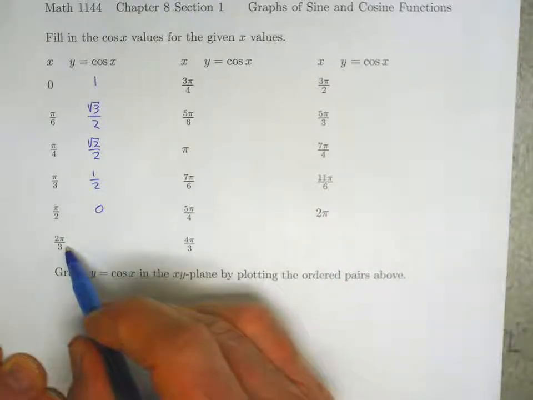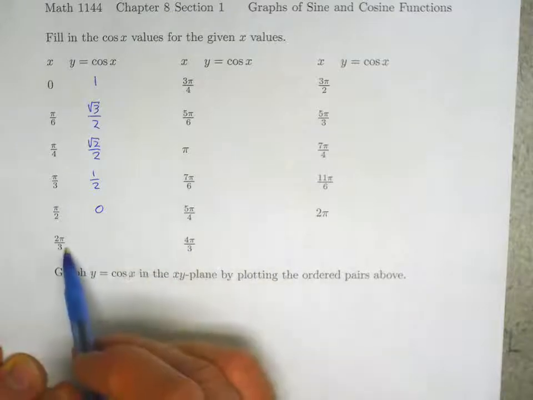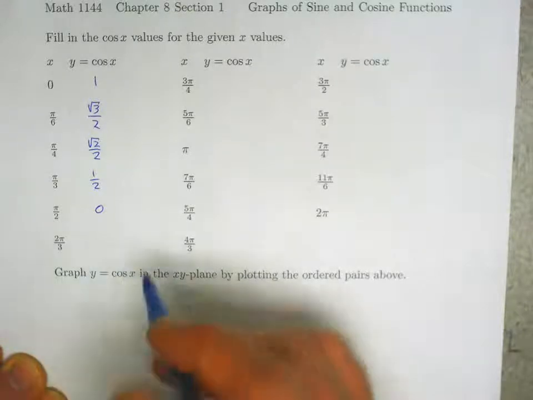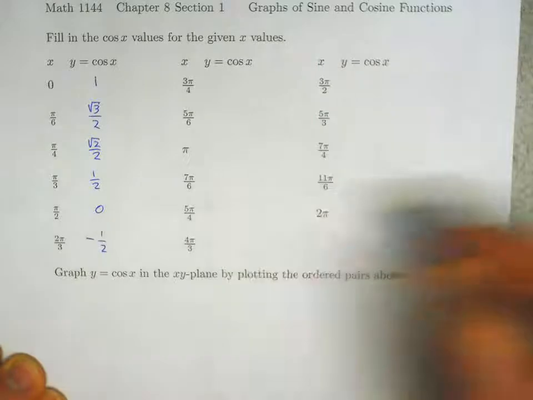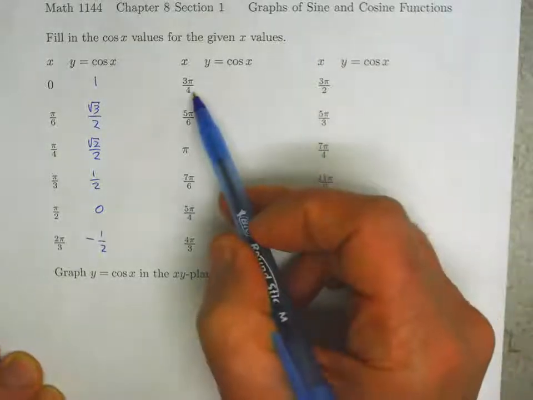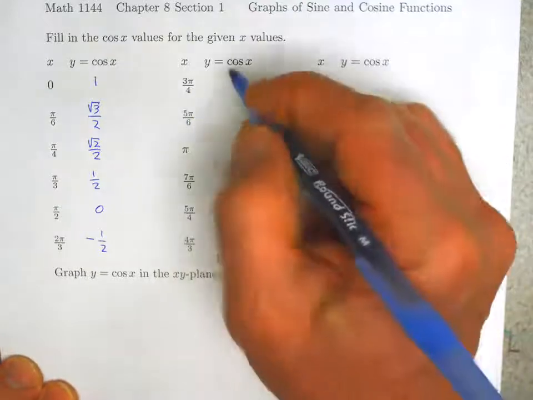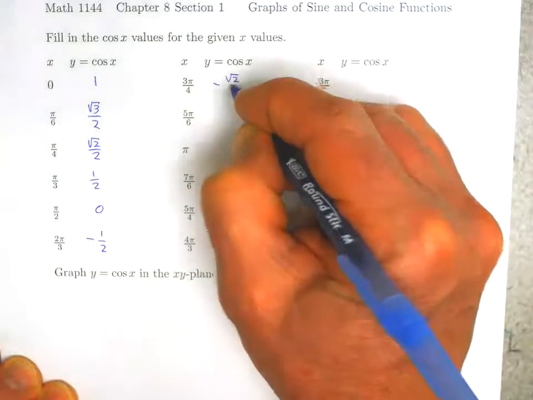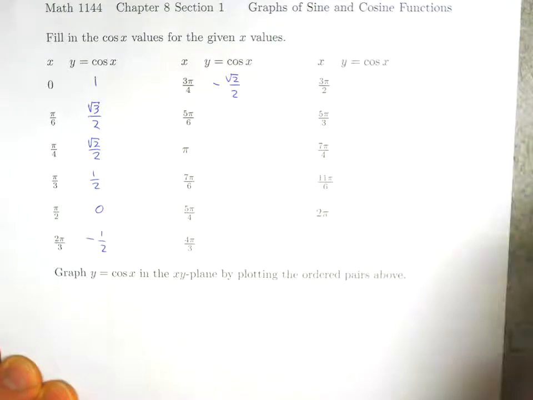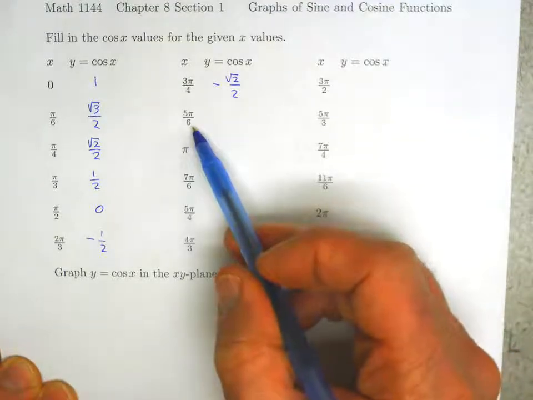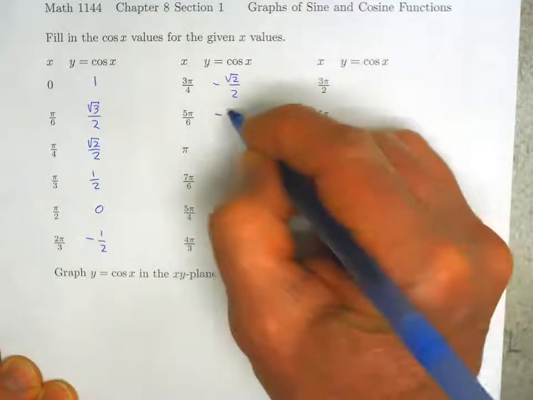Cosine of 2 pi over 3, so now we're in the second quadrant. This is negative 1/2. Cosine of 3 pi over 4, that's in the second quadrant, so this is negative square root of 2 over 2. Cosine of 5 pi over 6 is negative square root of 3 over 2.